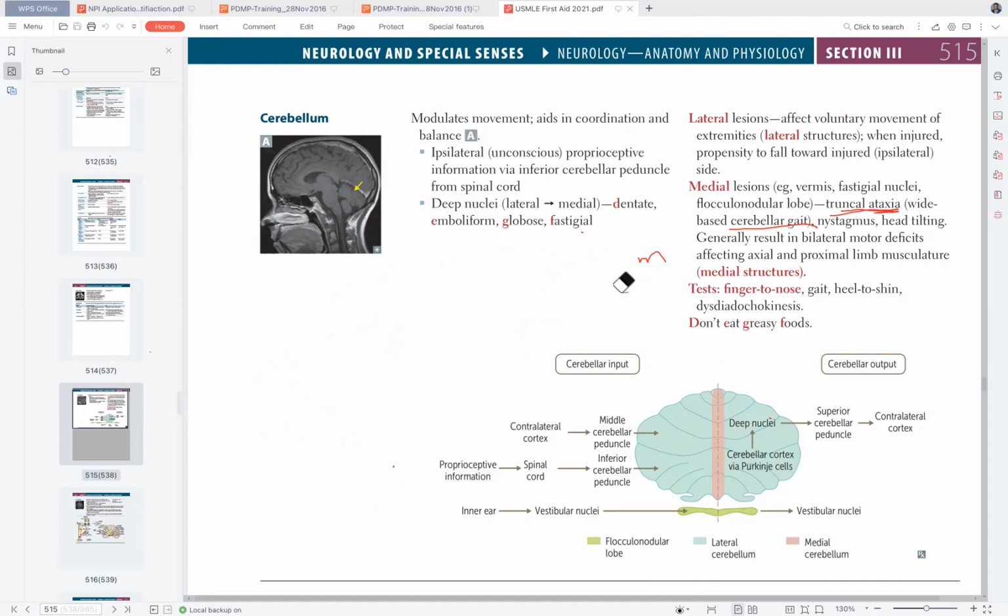And then this rapid alternate movement, right? Rapid alternate movement of the hand. If you want someone to rapidly flip the hands, if they have a problem with the cerebellum, mainly they are not able to.